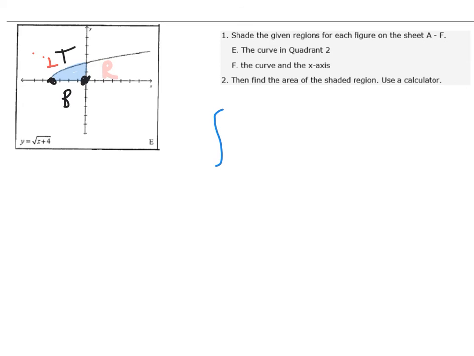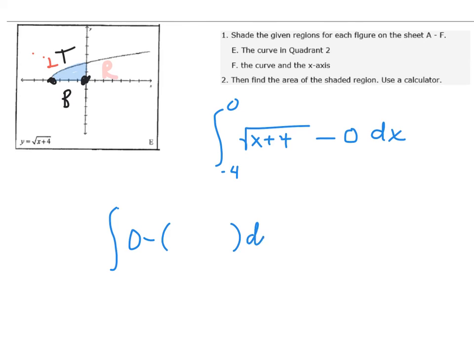So I'm going to do the integral symbol from -4 to 0. And then I am going to do the square root of x plus 4. That's the top curve minus the bottom curve, dx. All right. And then if you wanted to figure out what it would be right minus left, I will tell you this, it's going to be 0 minus something, and then dy.